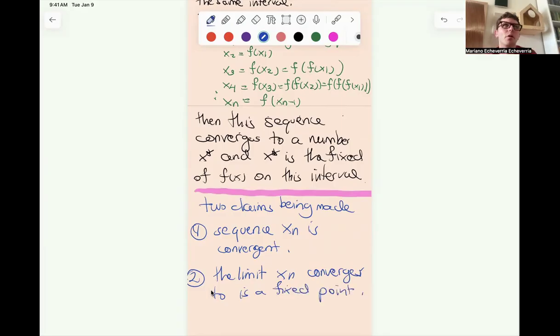In principle, you could have produced a sequence that converges, but not to the fixed point. That would have been silly, but it is a theoretical possibility. So in theory you would need to check that this does converge, and the second part, that the limit is a fixed point.